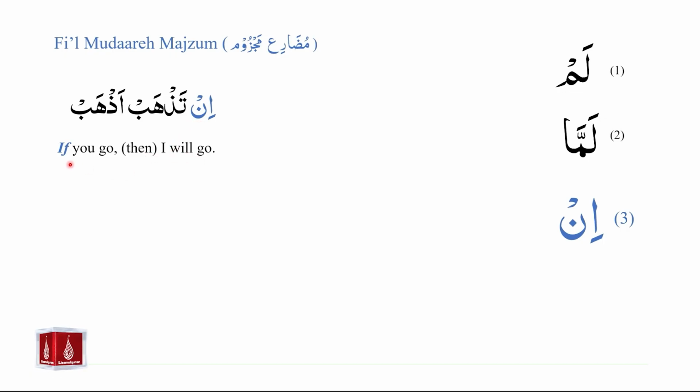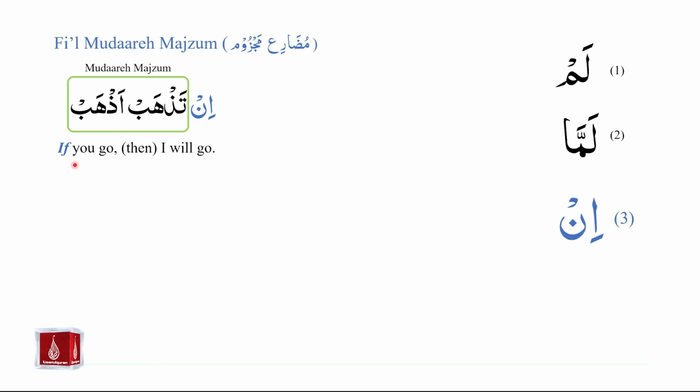In creates the meaning of if, and in is followed by tazhab and azhab, and both tazhab and azhab are fi'il mudari majzoom. Tazhab is majzoom because of the effect of in, azhab is majzoom because of the effect of in, and in creates the meaning of if.